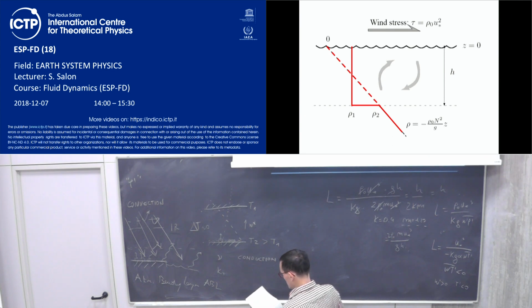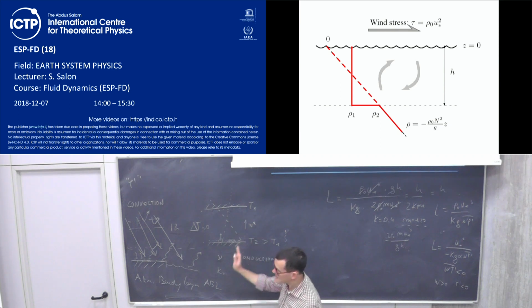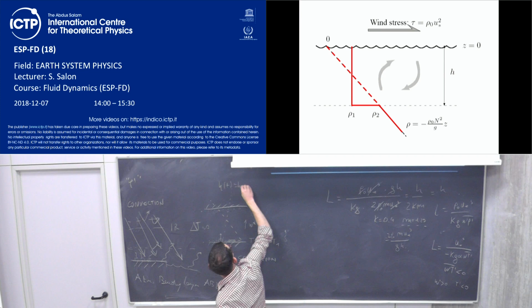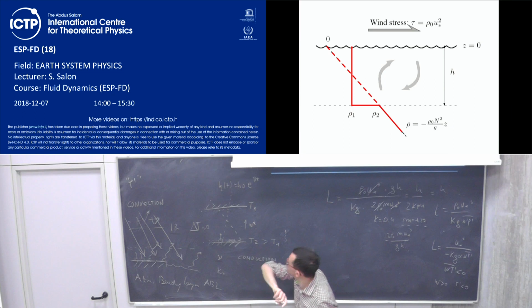So we can estimate a balance between the buoyancy force, which is going upward, because the idea is that still, since we are in an unstable situation, if you remember the first lesson on stratification, this parcel will have to go up. So we are in an unstable situation, and I know that my solution was something like this, remember? While in the stable situation, we had the Brunt-Väisälä frequency.